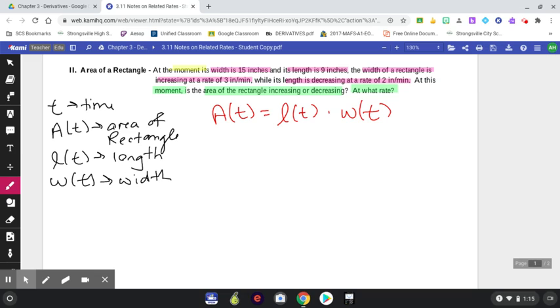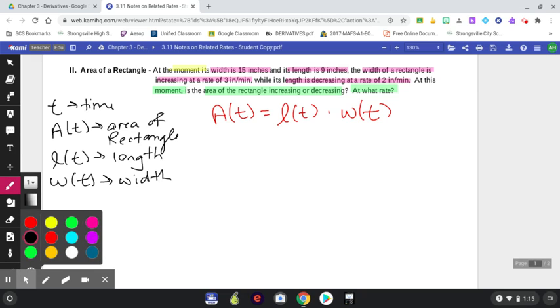Okay, so I'm going to take the derivative of the area with respect to time, right? t is my independent variable. And I'm taking a derivative of a product, which means I get to do a product rule. So the derivative of A with respect to t, that's A prime, or you can write dA/dt, doesn't matter to me, A prime of t. And then I get to do the product rule.